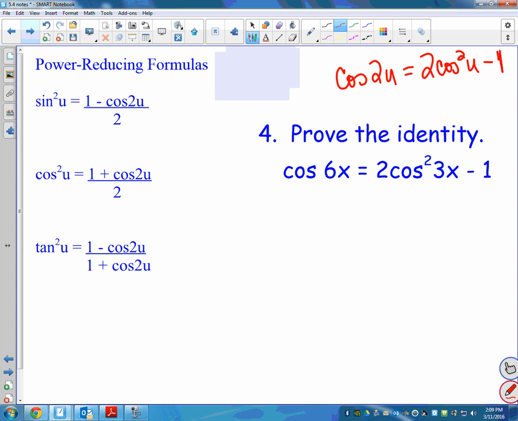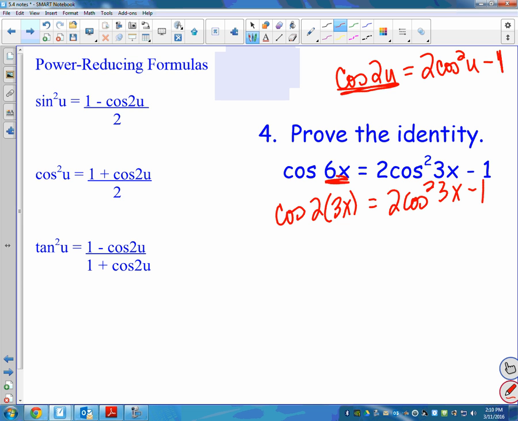I'm going to work with this side just so I can show you this. If this said 6x and I wanted to write that as cosine of 2u, what would my u be in this? It would be 3x, because 3x times 2 gives me 6x. So if you can figure out which one to use, it's really just plugging it directly in, right?